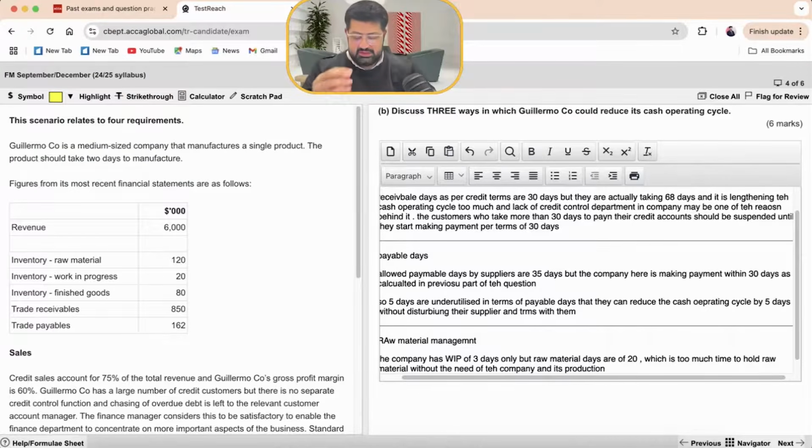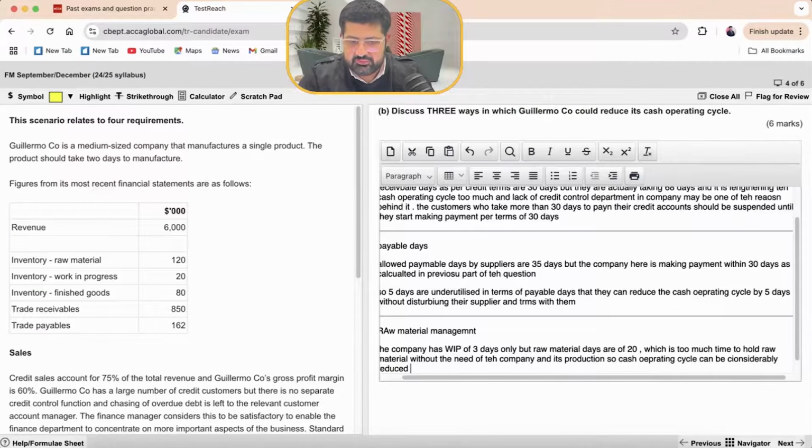So cash operating cycle can be considerably reduced if raw material days are reduced to 3 as well.